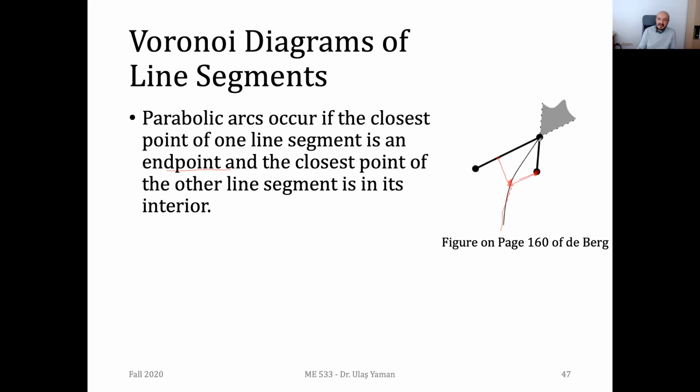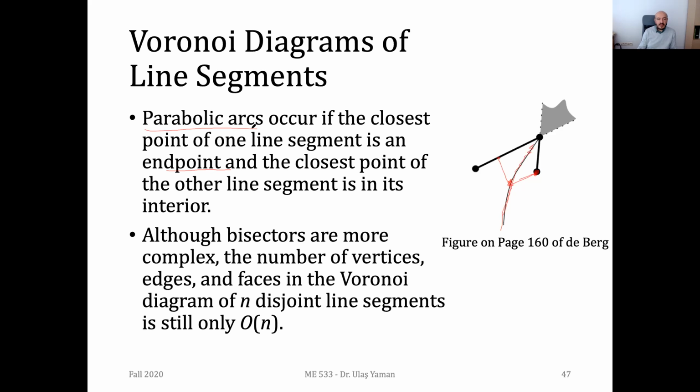If that's the case, then we will have a parabolic arc. So depending on the orientation of these line segments, sometimes we may have just a single arc, or sometimes we may have straight lines, but it depends on the orientation of the given inputs.